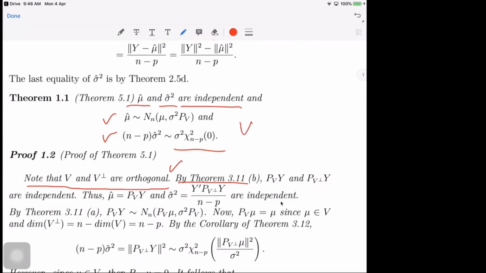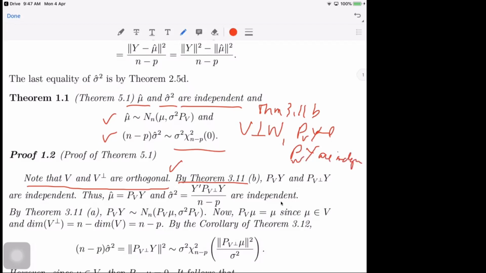if V is orthogonal to W, this is theorem 3.11b, if V is orthogonal to W, then the projection of Y onto V and the projection of Y onto W are independent.